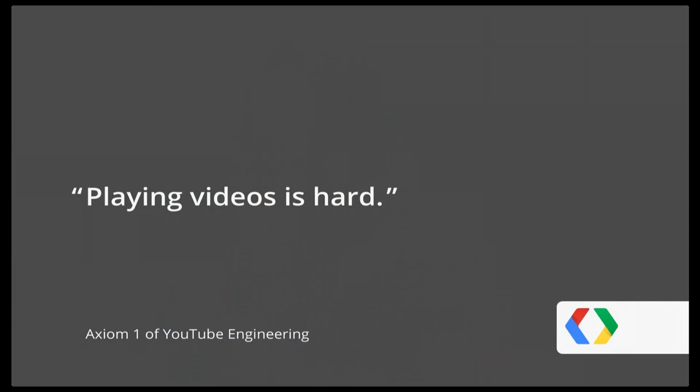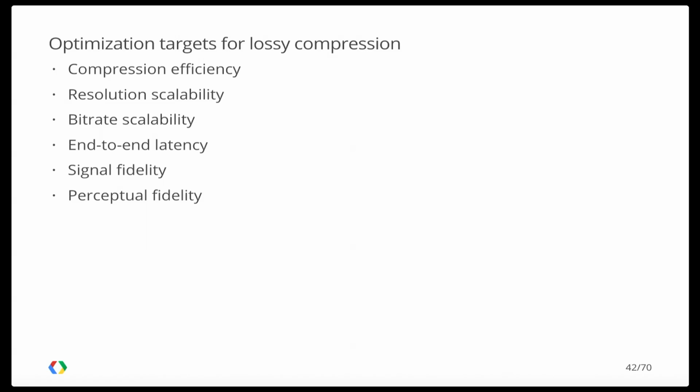And understanding that takes us to one of the core axioms of engineering work at YouTube, which is that playing videos is hard. It's surprisingly hard, but it's a little easier to understand given the history of video codec development. This is just one facet of it, but the codecs themselves are optimized for a tremendous number of conditions, and each one has separate trade-offs, but they're all gunning for lower bitrate or higher fidelity. And none of the things that they're optimized for are simplicity.